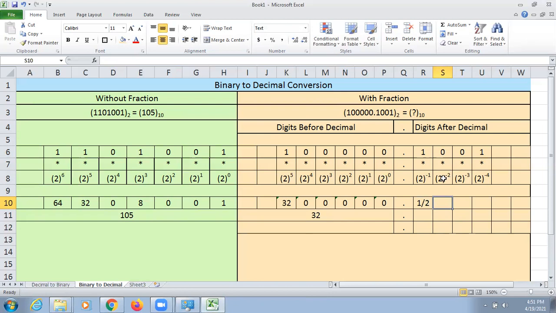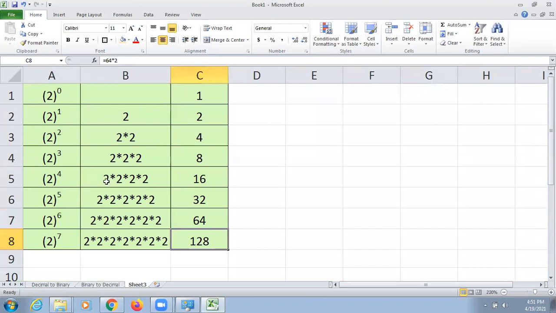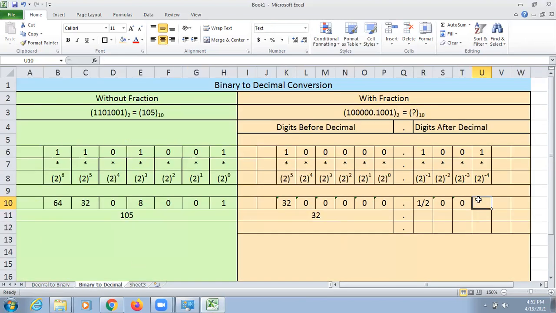Now 2 raised to power minus 2 could be written as 1 upon 4. 1 upon 4 multiplied by 0 is 0, so here we will write 0 directly. Now 2 raised to power 4 is 16, so 2 raised to power minus 4 will be 1 upon 16.